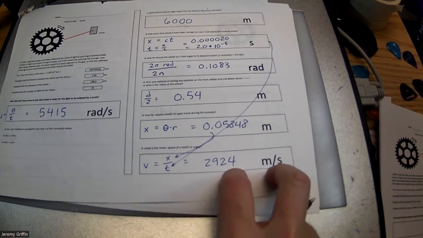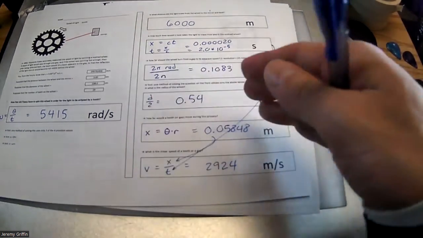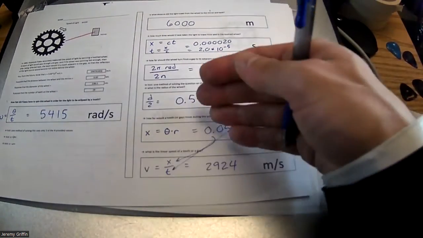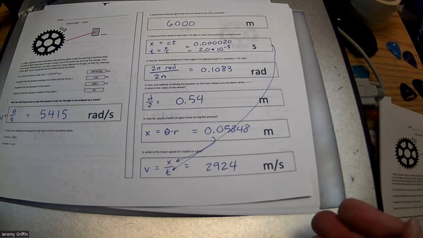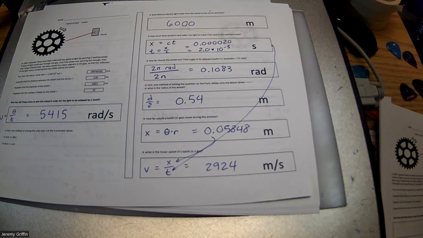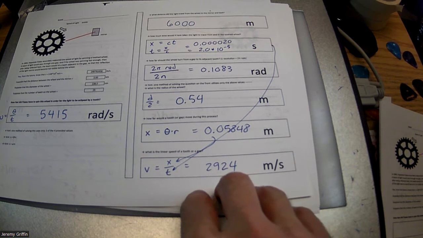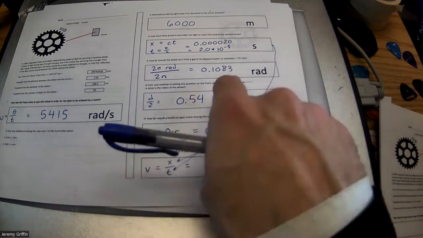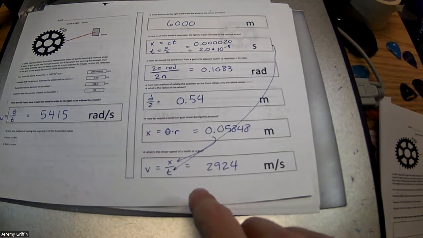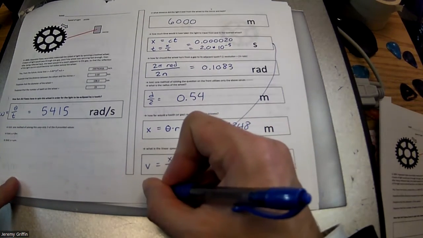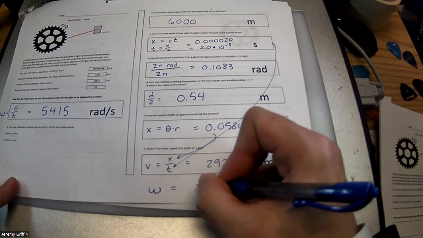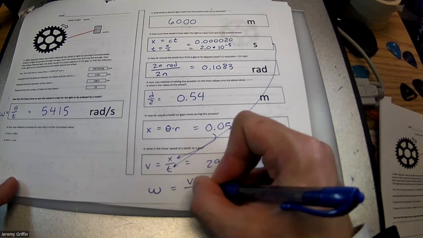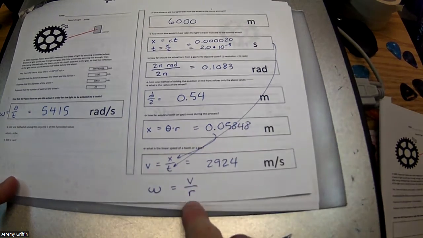Now, if we already got the answer to this main question a few boxes ago, why are we doing these three boxes? Well, because this is a different approach, right? A lot of times, you guys see over and over in this class, there are multiple ways to solve problems, and this is an example of that. So how could you play off this set of numbers to also confirm this answer? Well, how fast something spins, that's called angular velocity, Greek letter omega, isn't that linear velocity divided by radial size, right?